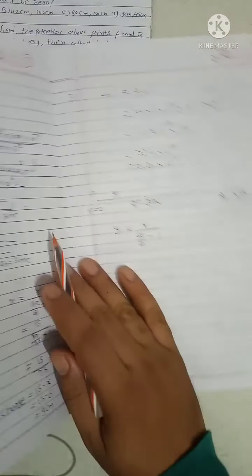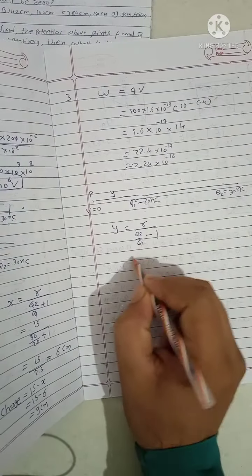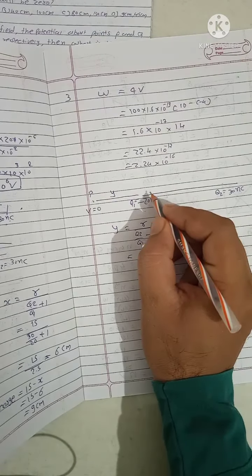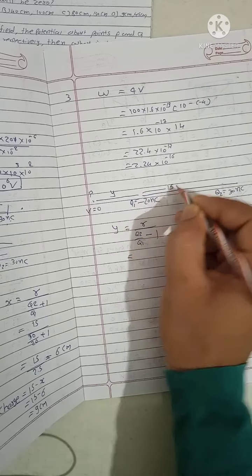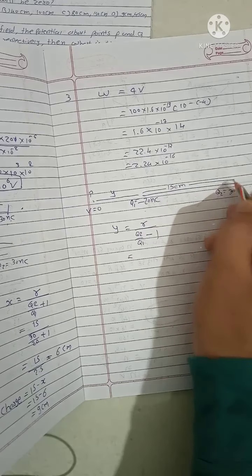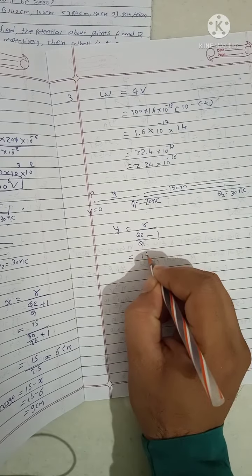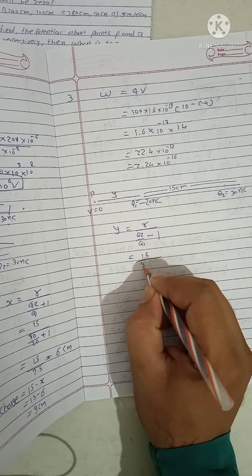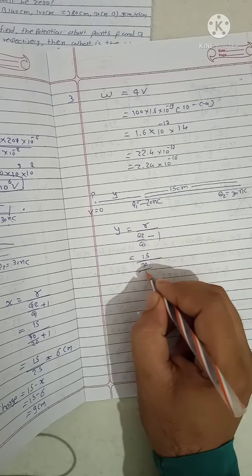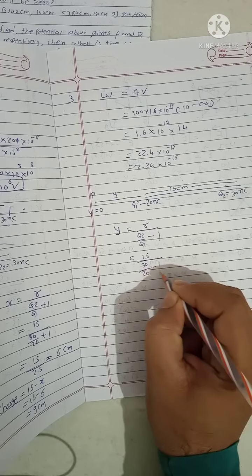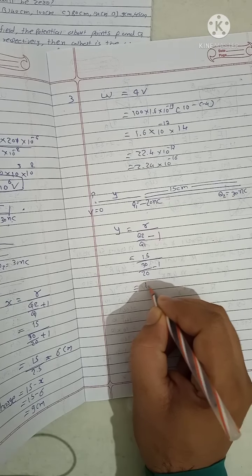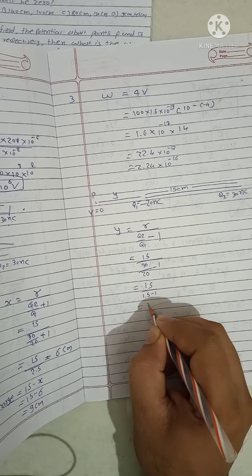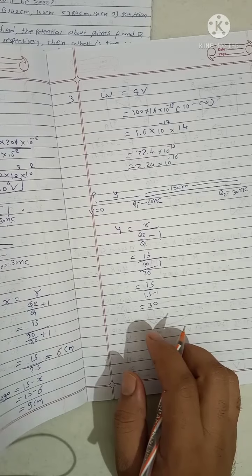So let's solve this. The distance between these two charges is 15 centimeter. So 15 divided by q2, the greater charge, that is 30, divided by q1, the lesser charge, that is 20, minus 1. So it becomes 15 upon 1.5 minus 1, so it becomes 30.